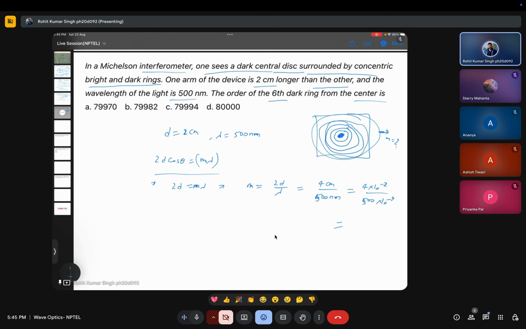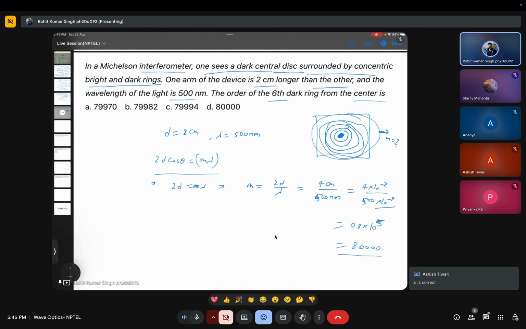So what will be the value? 4 by 5, that is 8 into 10 to the power 5, so it is 80,000, correct? But this is the order of the central dark ring.